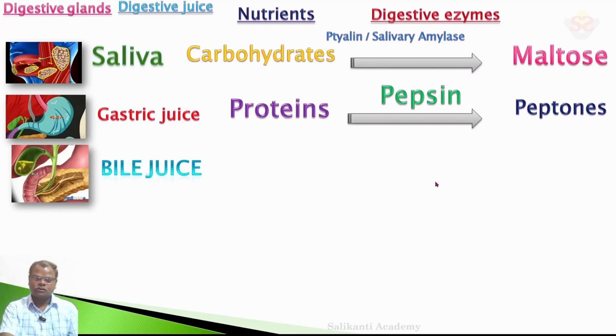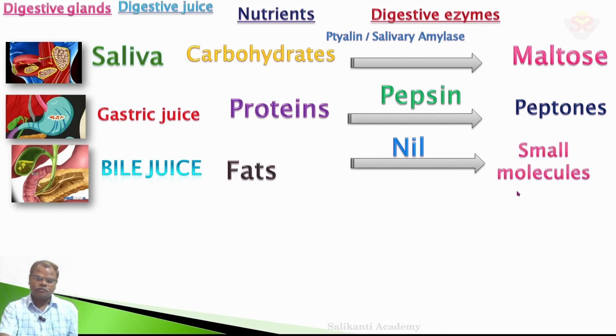Bile juice does not have any enzyme, so enzymes are nil in bile juice. Even though bile juice has no enzymes, it acts on fats and converts them into small fat molecules. This process is known as emulsification.